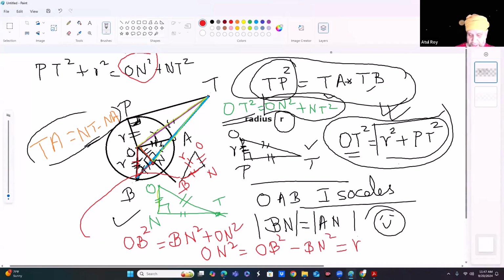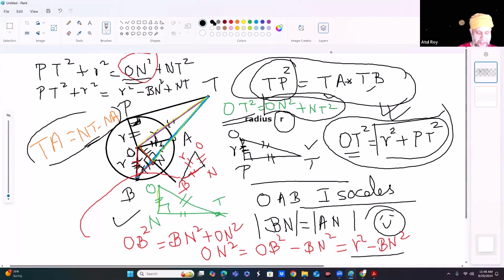OB is simply R, so that is R square minus BN square. Okay, so what we got is ON square equals R square minus BN square. So we got PT square plus R square equals R square minus BN square plus NT square. Okay, so we got this far.